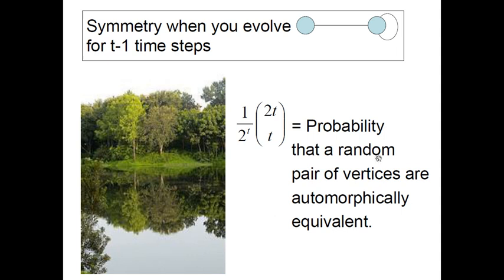Well, it turns out that when you evolve this system, you don't get a regular network, but you do get something which has quite a lot of symmetry. And in fact, this formula here gives you an exact description of what this probability of a pair of vertices being automorphically equivalent is. And it's quite a nice simple formula.